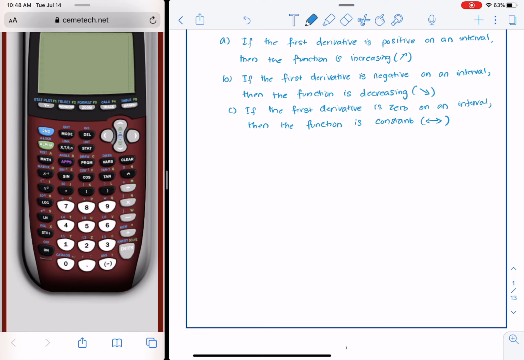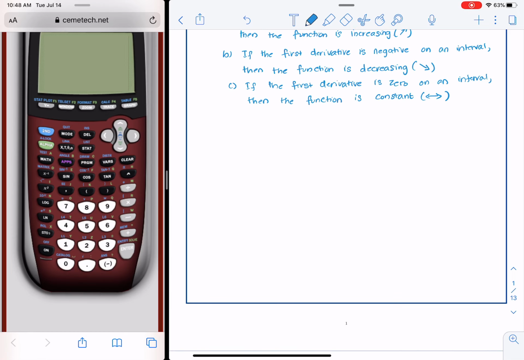So, how do we perform the test? The first step is to find the derivative. Set the derivative equal to 0, and solve for x.